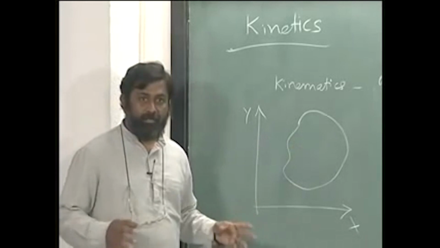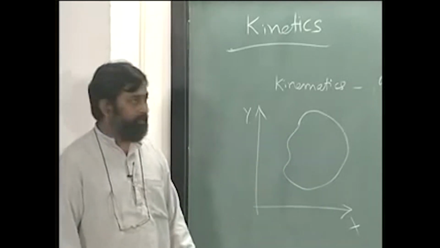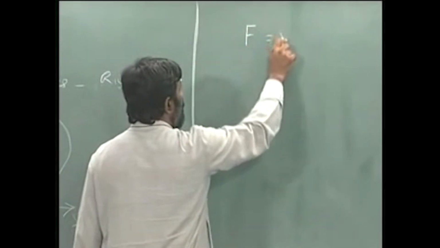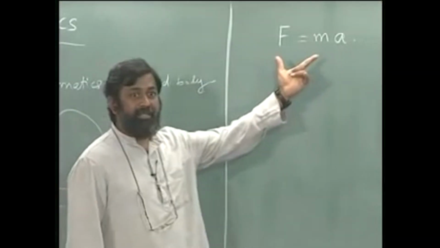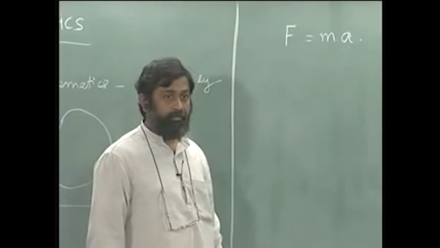Now when I say equilibrium here, I am talking about satisfying Newton's laws, okay. And what does Newton's law state? F is equal to ma, right. There are two things that happen here. This is okay for a particle because there is no resultant moment that we are looking at.